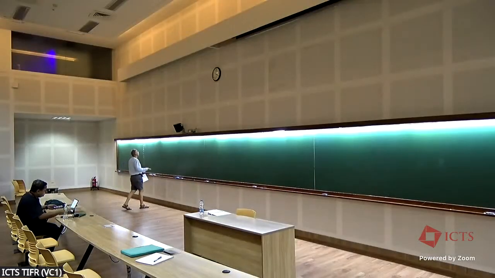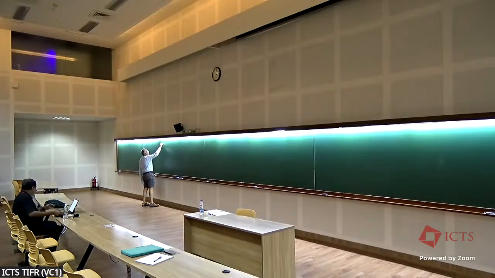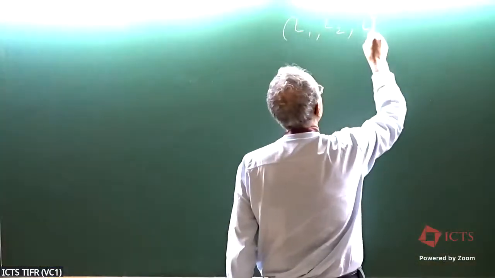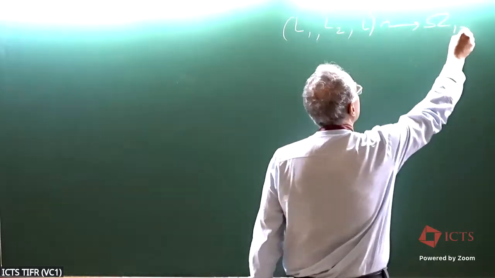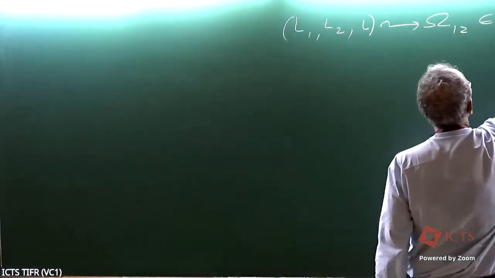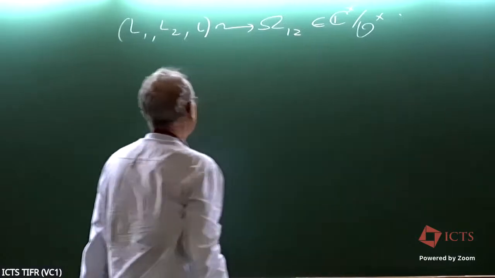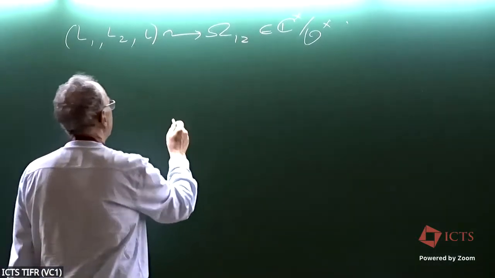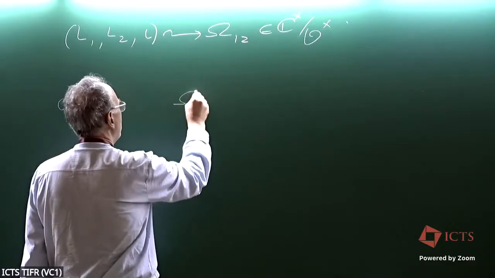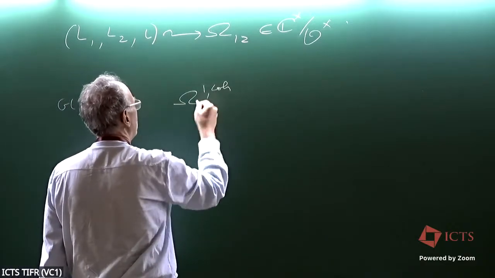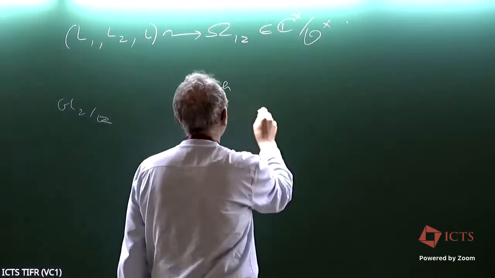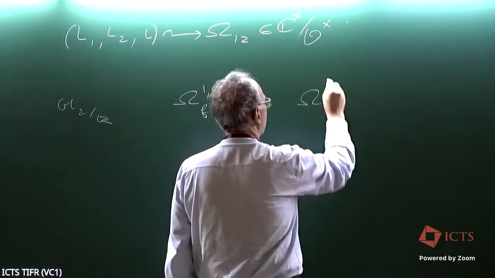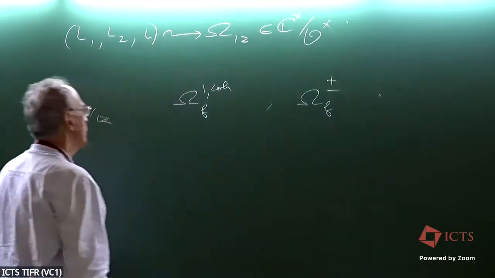Let me remind you that we are defining automorphic periods. For GL2 over Q, we defined some coherent periods, but we won't use that much. And we define the Manin periods.